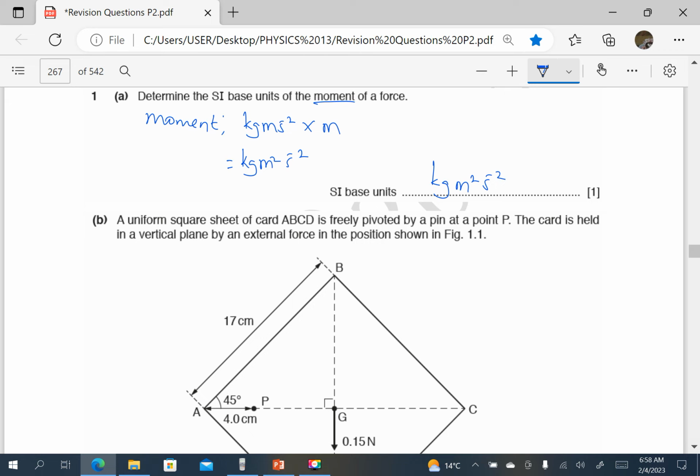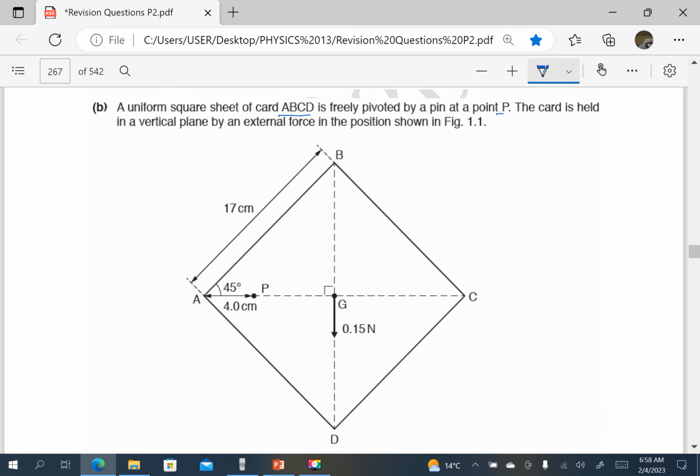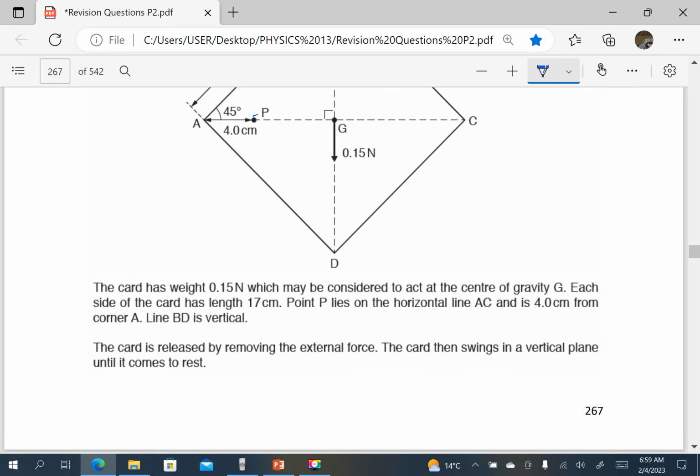A uniform square sheet of card ABCD is freely pivoted by a pin at point P. The card is held in a vertical plane by an external force in the position shown in the figure. Okay, so the card is pivoted at point P here. That's where the pin is, at point P. The card has a weight 0.15 N, which may be considered to act at the center of gravity.